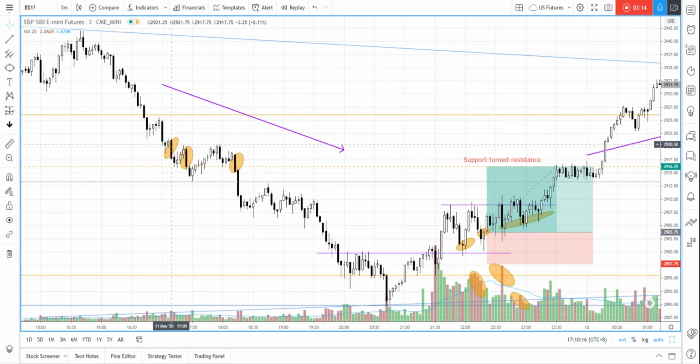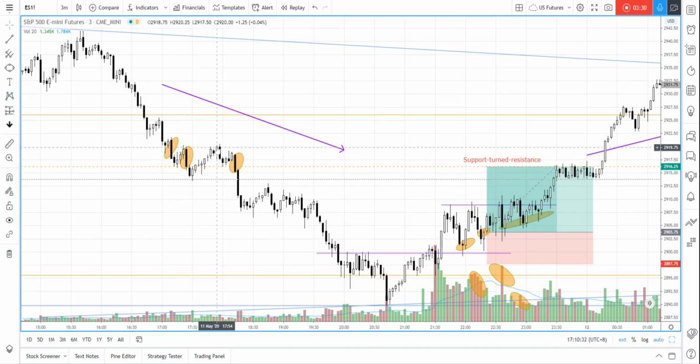For this bar, which is 2920, we see that it attempted to commit above, but it actually failed. Subsequently, it just kept drifting down. So this bar here as well. If we look at this rally up, we just reached there and didn't manage to close above.